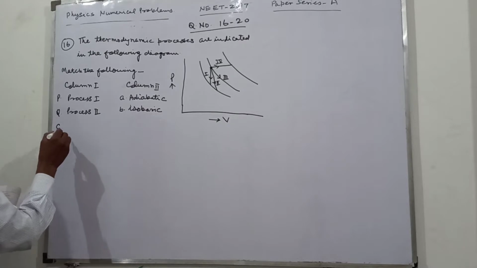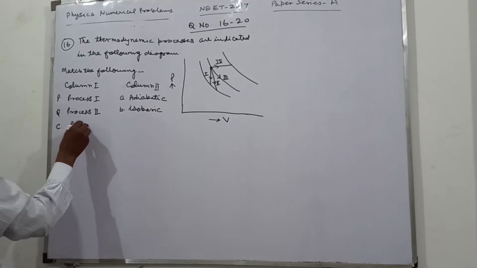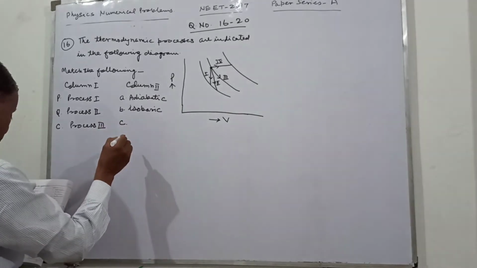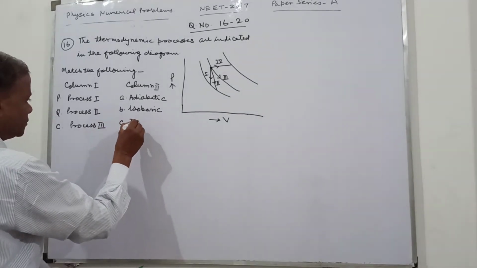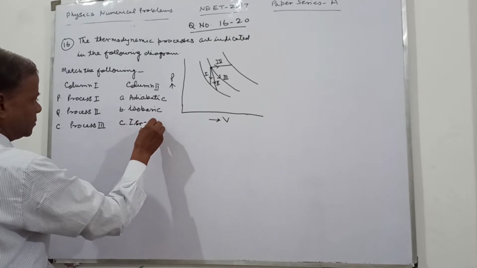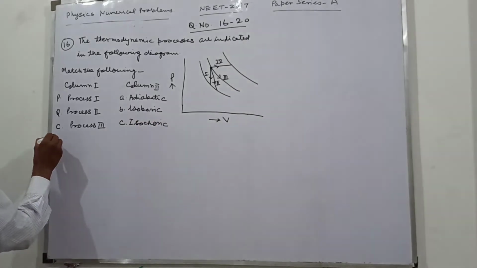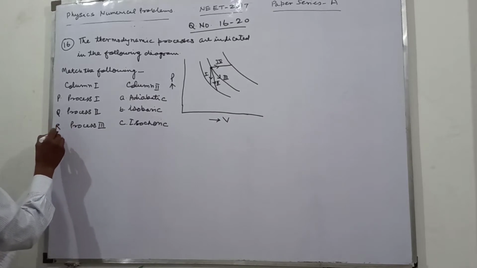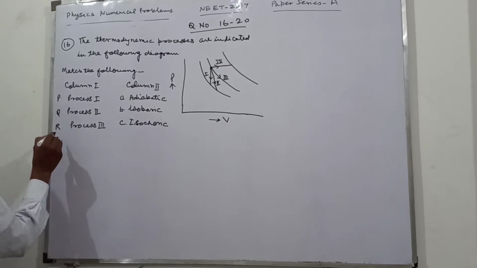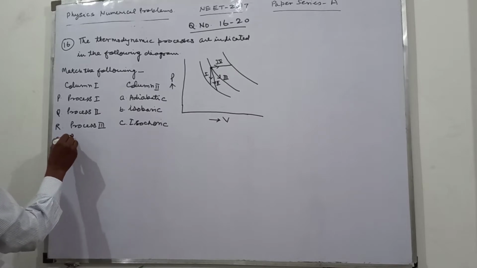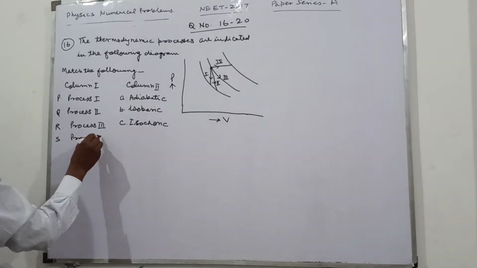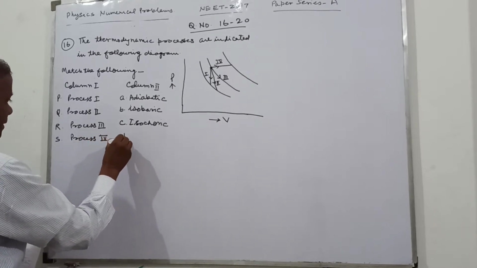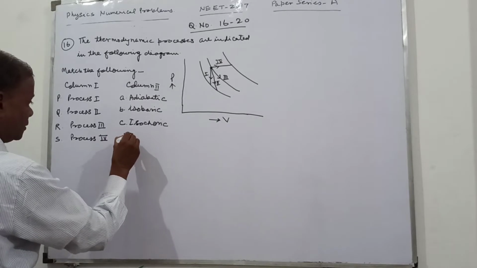R, process third, and C is given isochoric. And S is process fourth, and D is given isothermal.